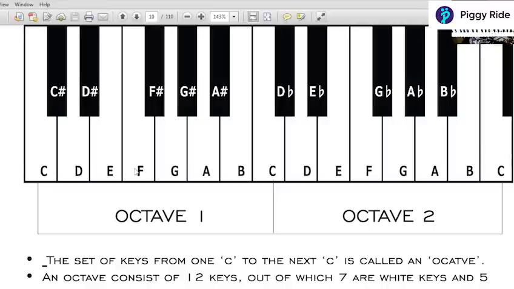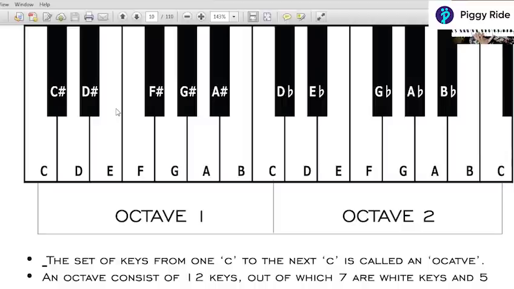So 1, 2, 3, 4, 5, 6, 7 are the natural notes in this octave, and there are 5 sharps or flats, the black keys: this group of 2 black and this group of 3 black. So in one octave there are 7 natural keys and 5 sharp and flat keys.